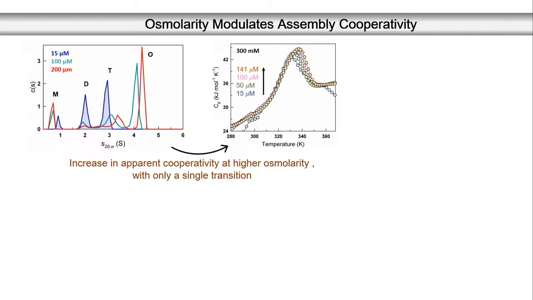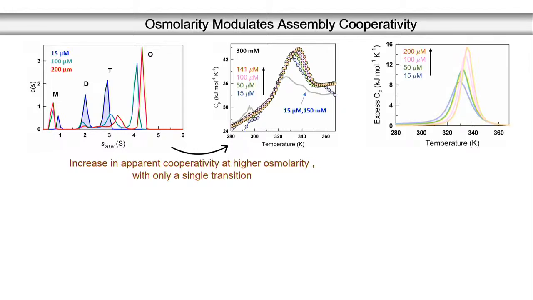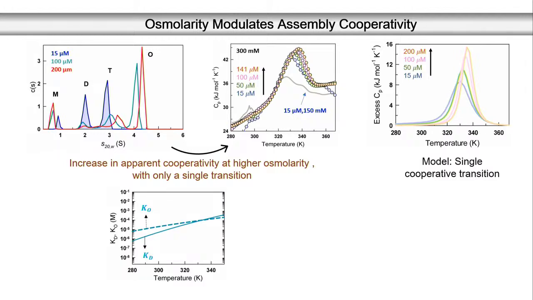And we were also able to do heat capacity measurements on this, and we were able to model this very well. In this particular case, we found that the dimerization constant is weakened quite a bit compared to the oligomerization, and hence you have all of these melting simultaneously, while in the case of lower ionic strength condition you have decoupled transitions, because you had these two peaks that we were able to identify.